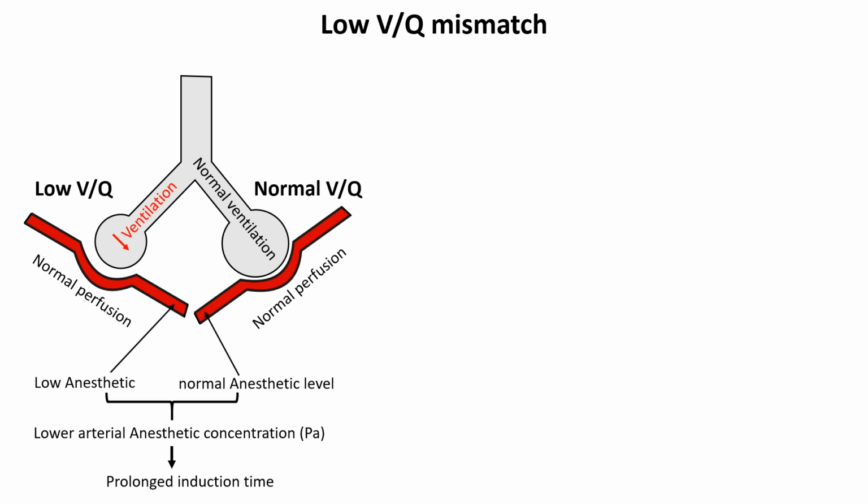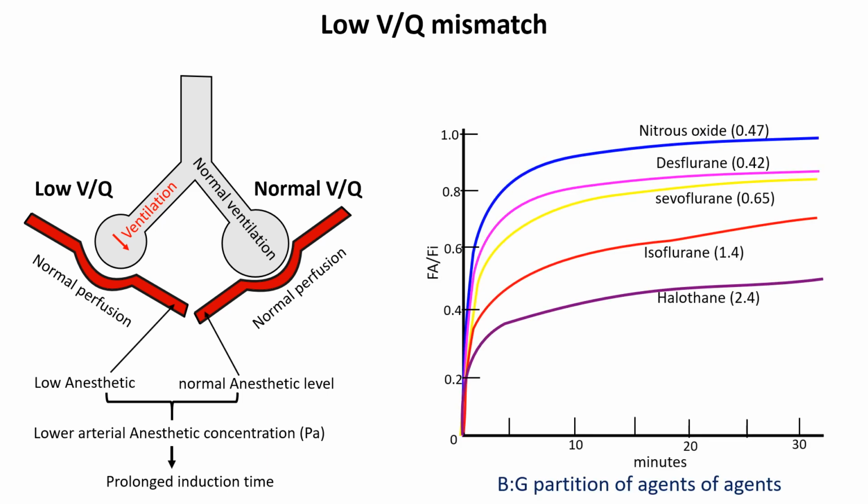Less soluble agents like desflurane are more affected by low ventilation-perfusion mismatch. Less soluble anesthetics like desflurane do not dissolve much in blood, so their arterial partial pressure can quickly rise to match the alveolar concentration when ventilation is adequate. When ventilation is poor in some lung regions, less desflurane is transferred from the alveoli into the blood.